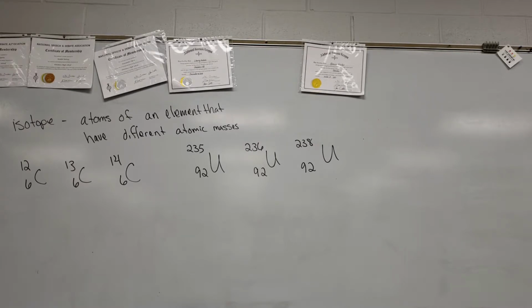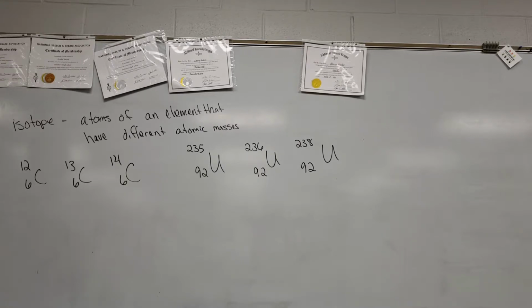So what if you add another neutron to carbon, make it 15? That's possible, but it's radioactive. Most isotopes of uranium are radioactive.